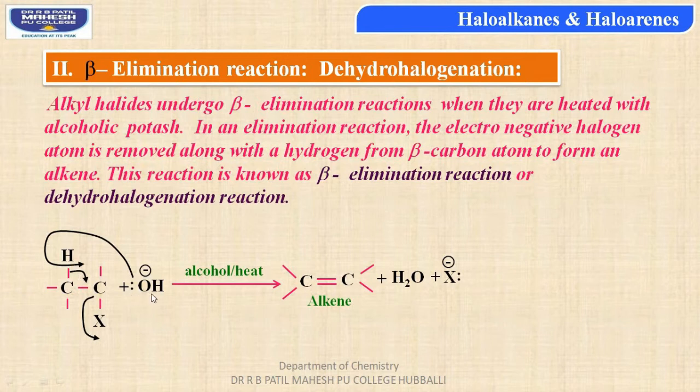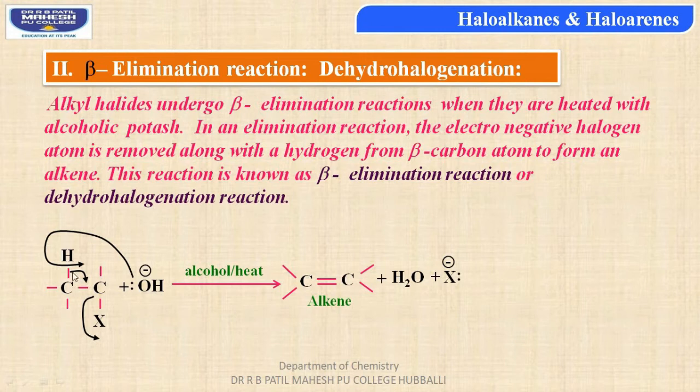We are using the reagent alcoholic potash, and this potassium hydroxide, students, dissociates to form hydroxyl anion as a nucleophile. This removes the beta hydrogen from the given alkyl halide.